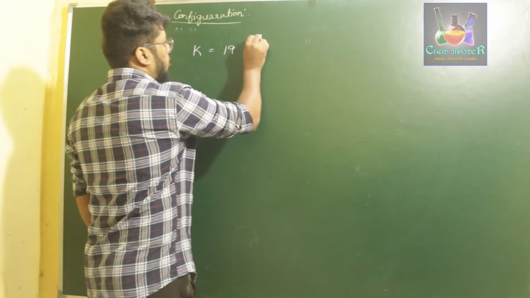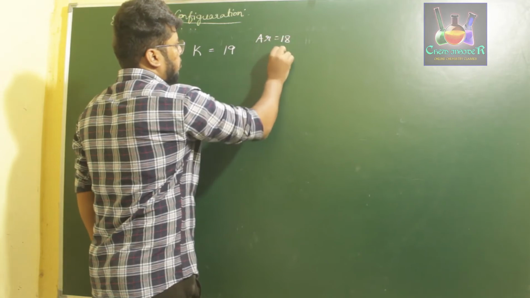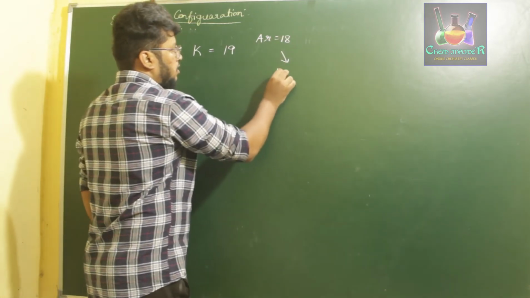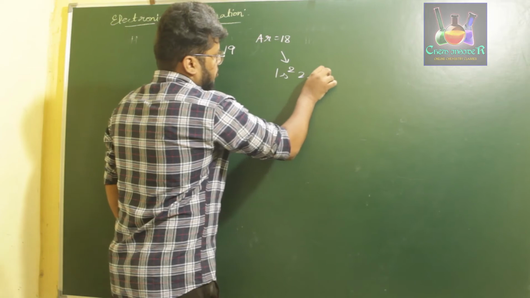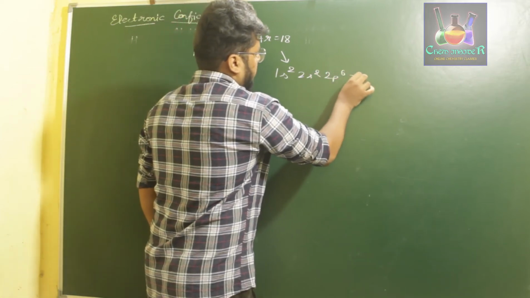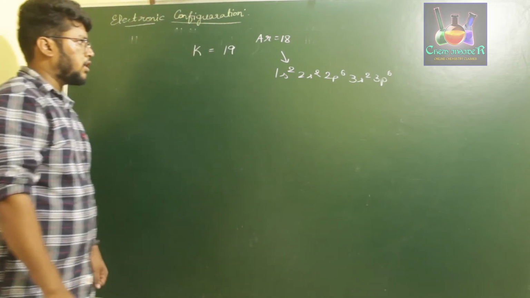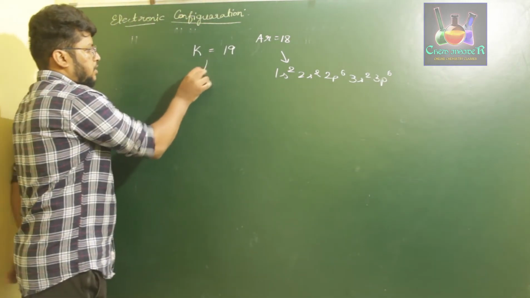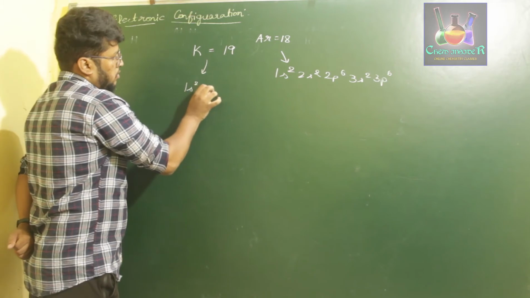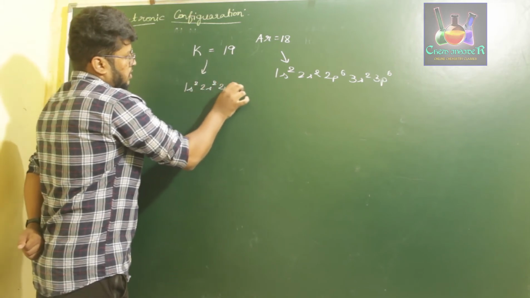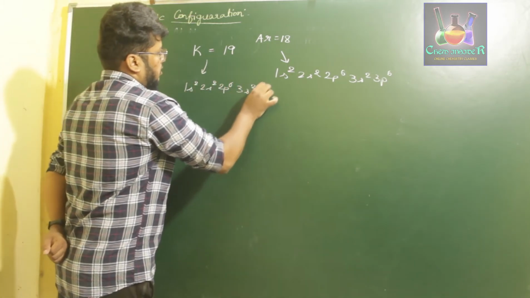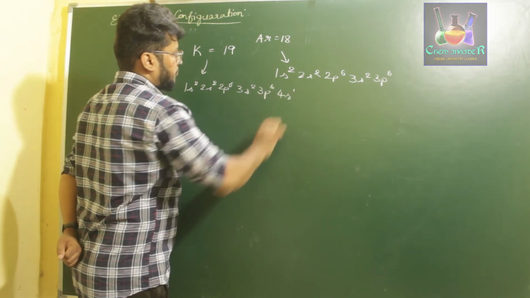Before potassium we come across argon with atomic number 18. The electronic configuration of argon is 1s2, 2s2, 2p6, 3s2, 3p6, whereas that of potassium is 1s2, 2s2, 2p6, 3s2, 3p6, 4s1.